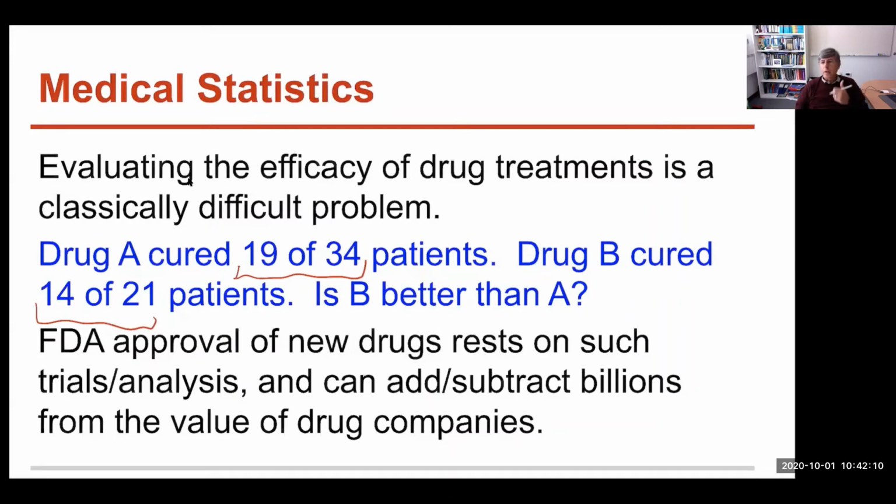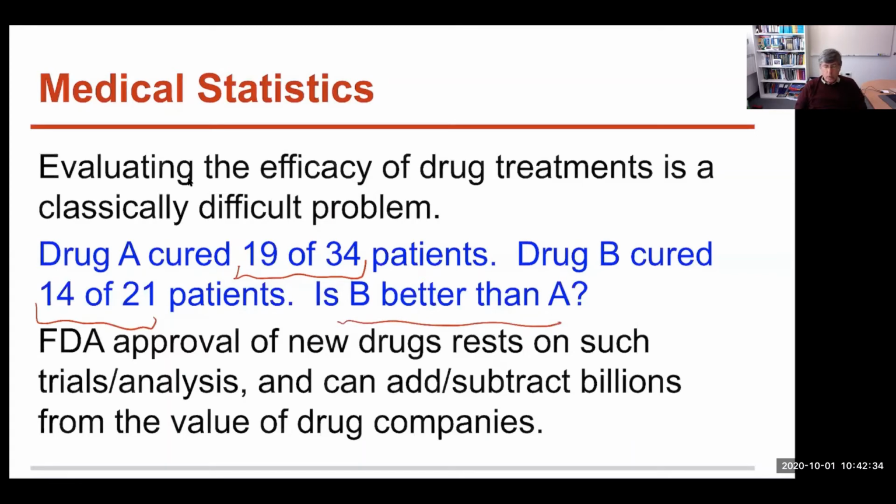We had this issue when we were talking about baseball batters, even if they were 30% hitters. Sometimes they had good seasons, sometimes they had bad seasons. And it was purely about whether the drug got lucky or not lucky. Trying to do an analysis to say, is drug B really better than drug A, and by how much?